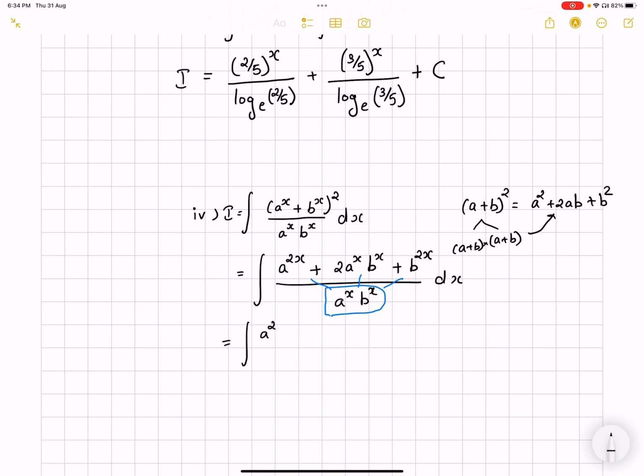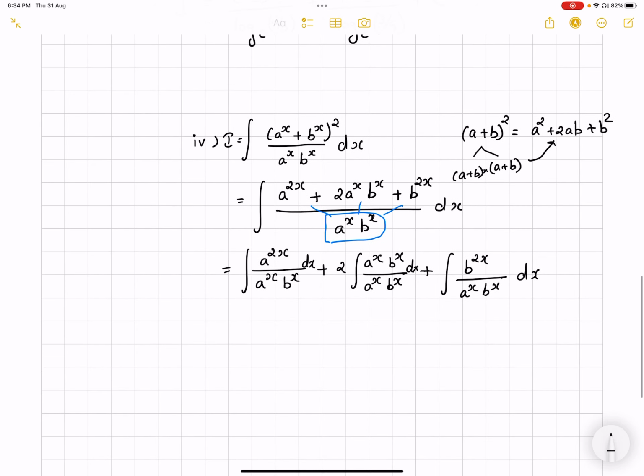So I would be having a to the power 2x divided by a to the power x, b to the power x plus 2 times a to the power x, b to the power x divided by a to the power x, b to the power x plus integral b to the power 2x divided by a to the power x, b to the power x dx.